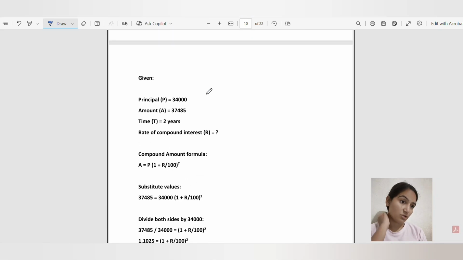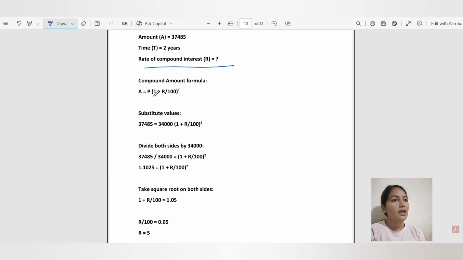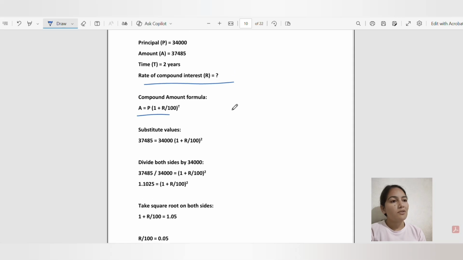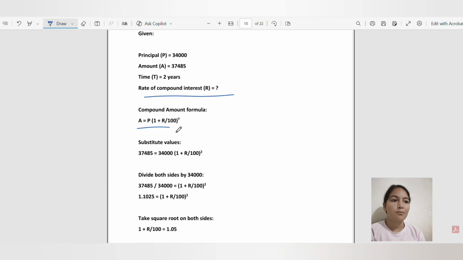Okay, so let's see. We have been given principal, amount, and time, and we have to find the rate of compound interest. The formula of compound interest is A is equal to P into (1 plus R divided by 100) to the power T. What is A? A is amount, P is principal, R is rate, and T is time.